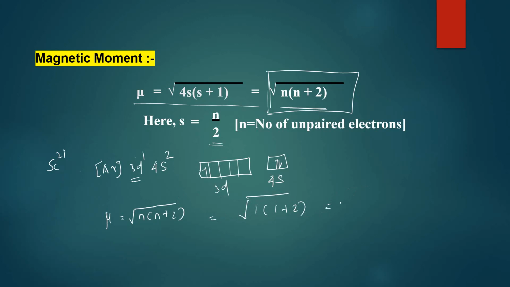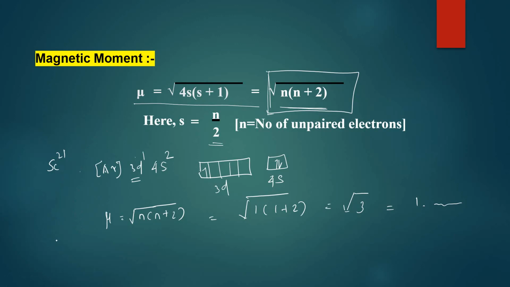Sorry, it's root of 3, since 1 plus 2 is 3, and 3 into 1 is root of 3. So it will be approximately equal to 1 point something.